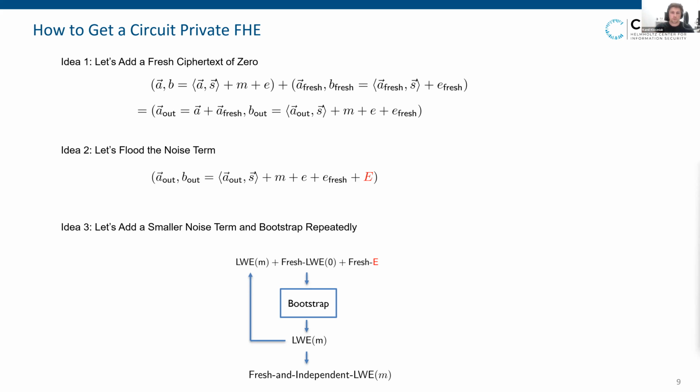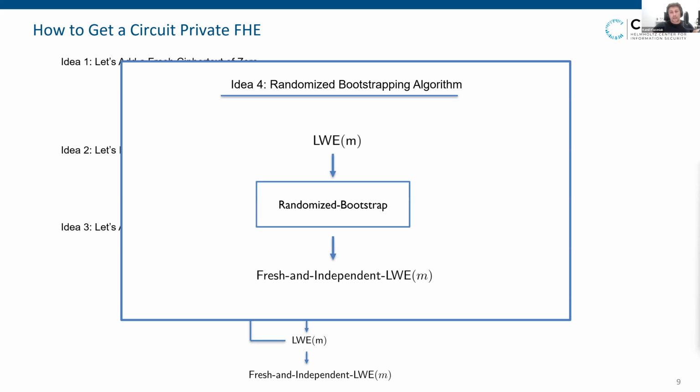So in this work, I actually do this serious analysis, and compare this to my idea. Finally, my idea was to build a special randomized bootstrapping algorithm that with just one bootstrapping invocation sanitizes a ciphertext from all information on the previous computation. Next, I will show you the very high-level idea of how such a bootstrapping algorithm works.